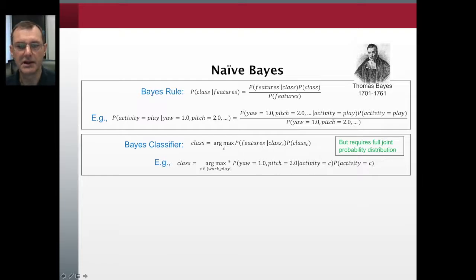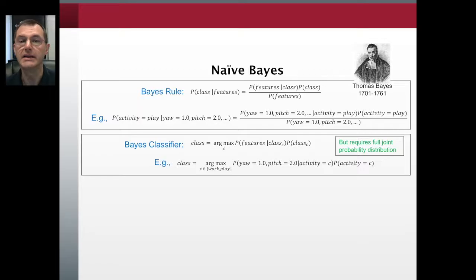Now this is still a very large, what's called a full joint probability distribution, and in order to compute this, we'd have to know the probability for every possible setting of sensor values over every possible class. And since these sensor values are real numbers, that's essentially an infinite space, and even if we were to, say, discretize it in some way, it would still be a huge number of probabilities that would be very hard to estimate accurately from the data.